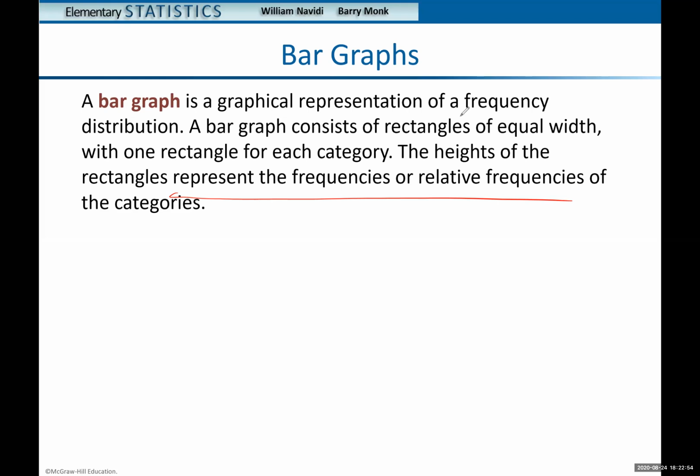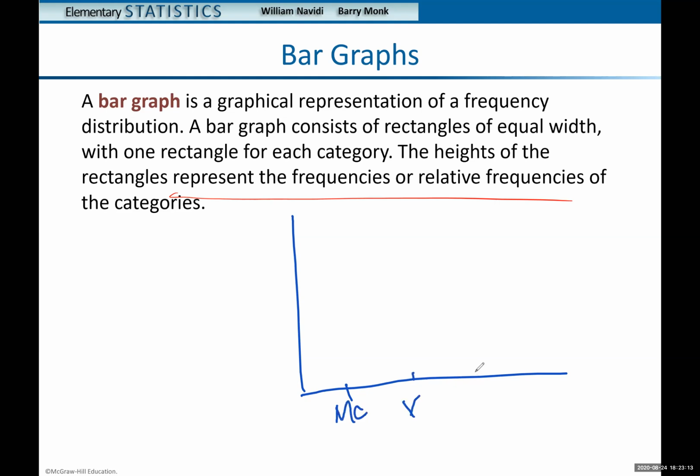So let's try to construct a bar graph. We have 4 different types of cards. The first one, MasterCard. The second one, Visa. The third, American Express. And the fourth, Discover. And remember, the y-axis, the vertical line, should be your frequency.